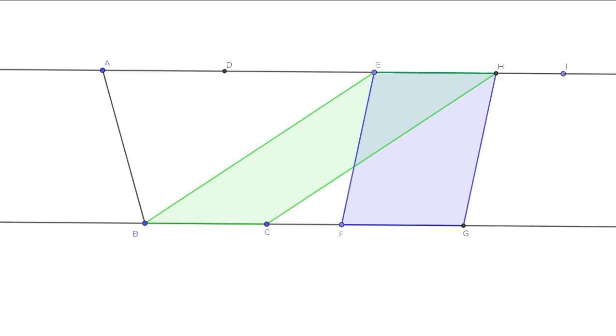And since it is a parallelogram, Proposition 35 then gives us that our two original parallelograms, ABCD, is going to be equal in area to our parallelogram EFGH.